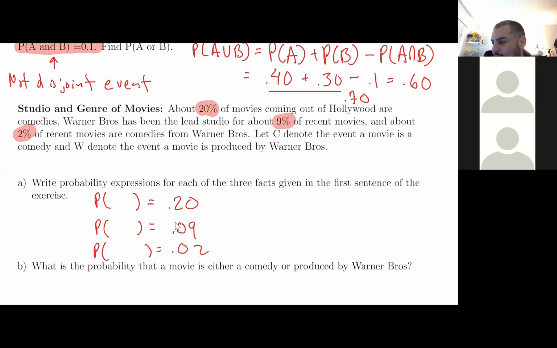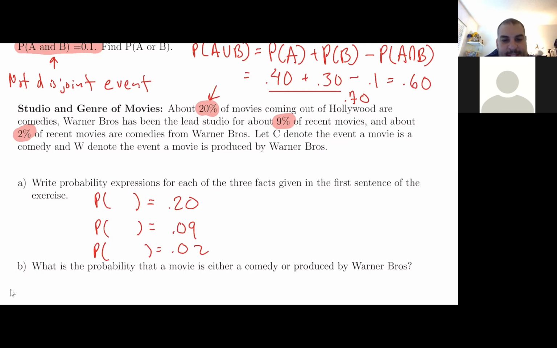What does the 20% correspond to? If you want, you can type it up in the chat. All of the movies, but what type of movie? Comedy. So for this one, we'll put C, C for comedy.